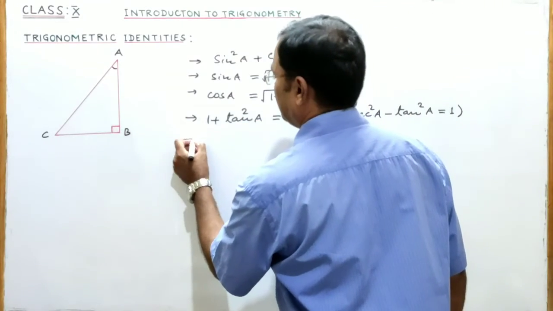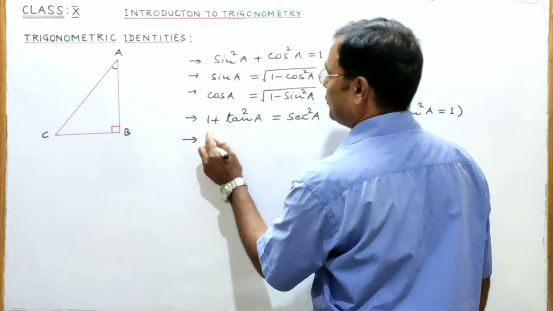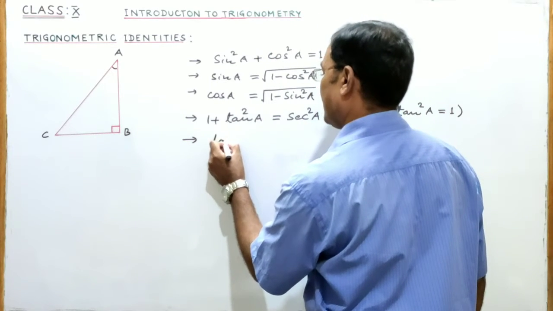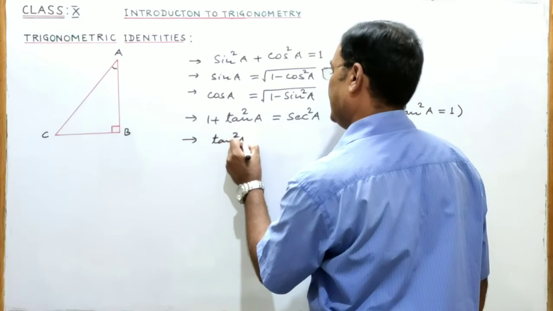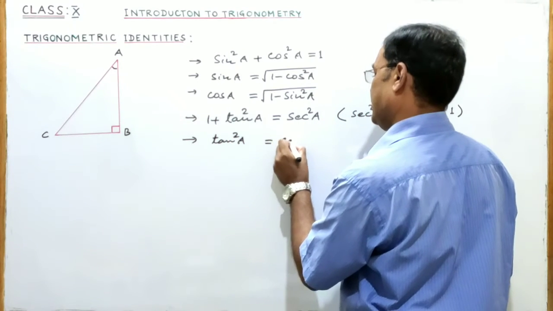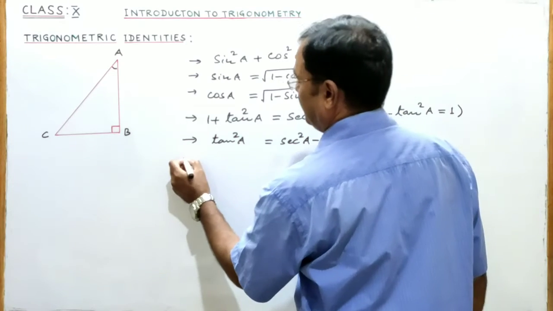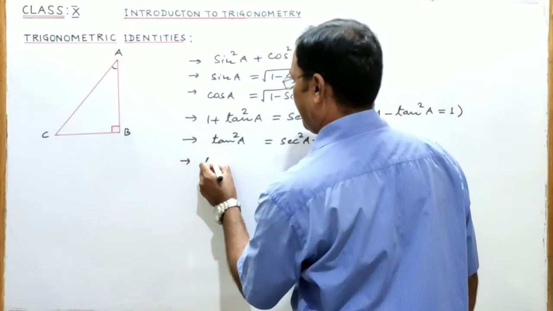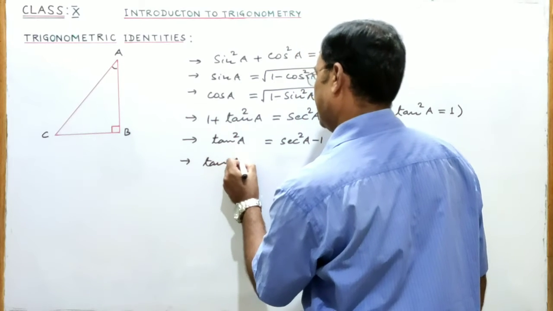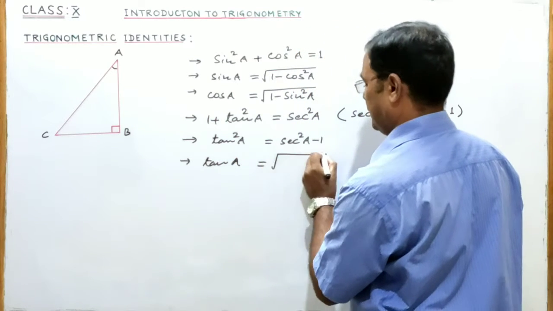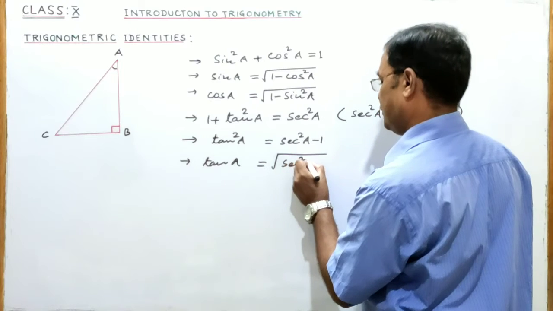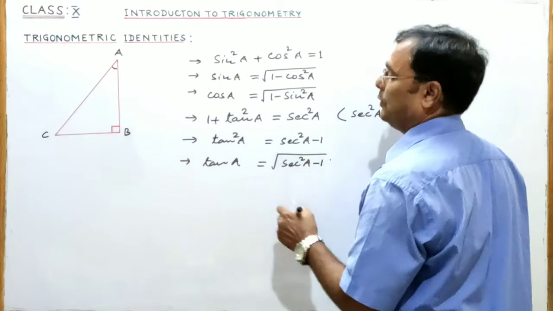So from here you can express tan square A is equal to sec square A minus 1, and further tan A you can write under root sec square A minus 1.